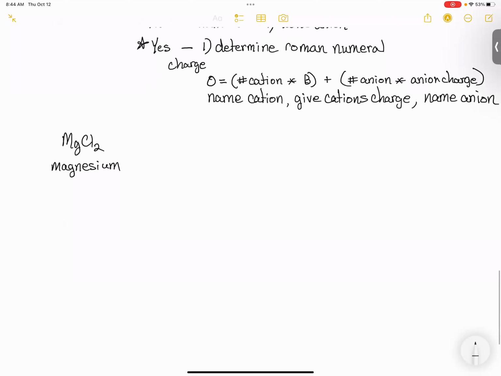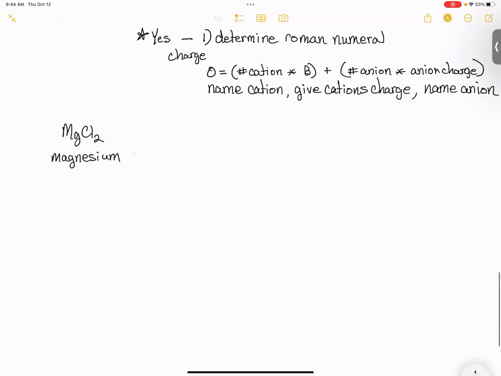So this is chloride. So that is the formula for magnesium chloride. Again, I use the ending IDE because I was talking about the anion of an element.